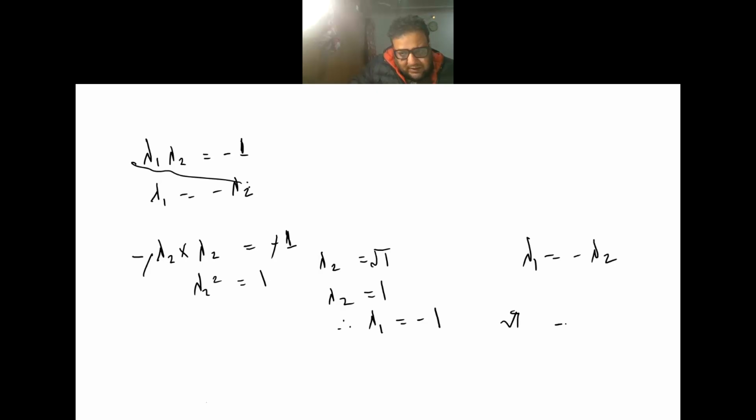We get lambda 2 square is 1, so lambda 2 is 1. Therefore lambda 1 is minus 1, because lambda 1 is equal to minus lambda 2. So you got the solution: 1 and minus 1 is the answer for this question. Okay, so we will stop the recording.